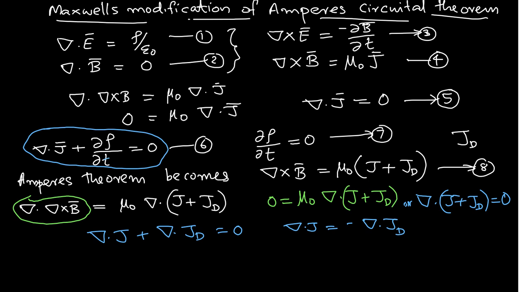So del dot J is equal to minus del dot JD, or we can arrive at del dot JD equal to plus dou rho by dou t. This is taken as equation number 9.